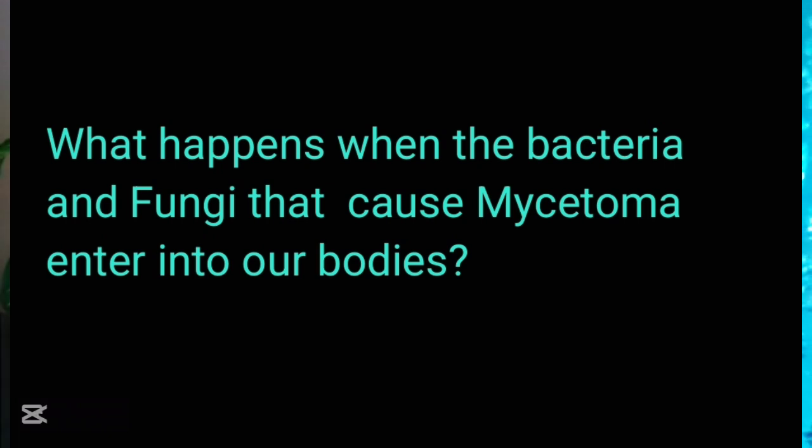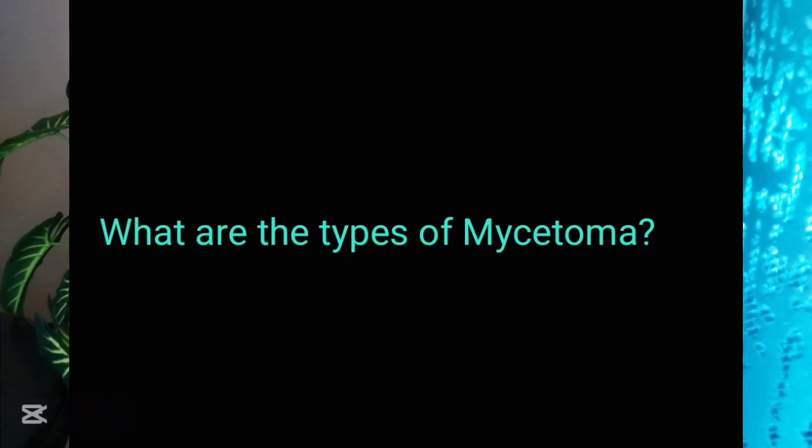The type of mycetoma that an individual will end up with is dependent on the type of germ or microorganism that was introduced into the tissues during the injury of that individual.